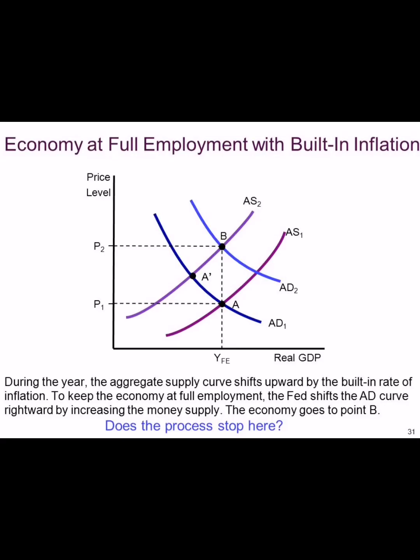Built-in inflation. Built-in inflation is related to adaptive expectations, or the idea that people expect current inflation rates to continue in the future. As the prices of goods and services rise, people may expect a continuous rise in the future at a similar rate.